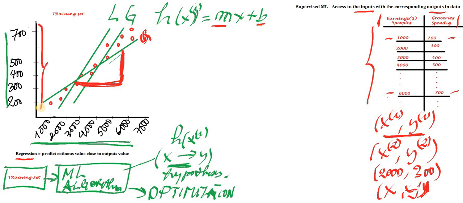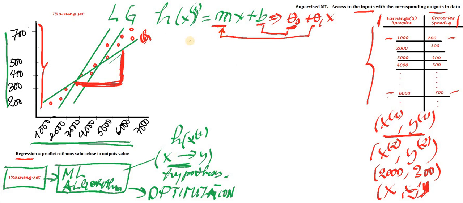In machine learning, this expression here is commonly used as theta 0 plus theta 1 x. This is the intercept, which is here, and this is the slope, which is here.